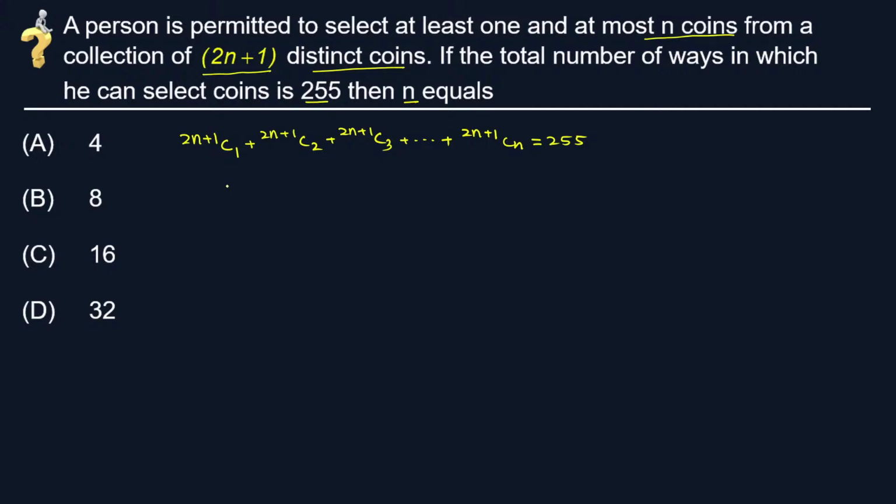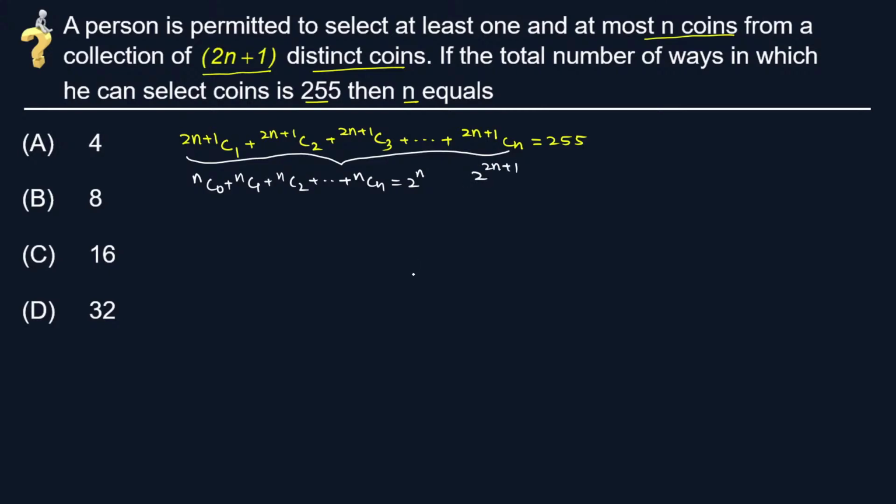From this equation, we have to find out the value of n. But what we have learned in the previous class is that nC0 plus nC1 plus nC2 till nCn can be written as 2 to the power n. But in this problem, we cannot write this as 2 to the power 2n plus 1.